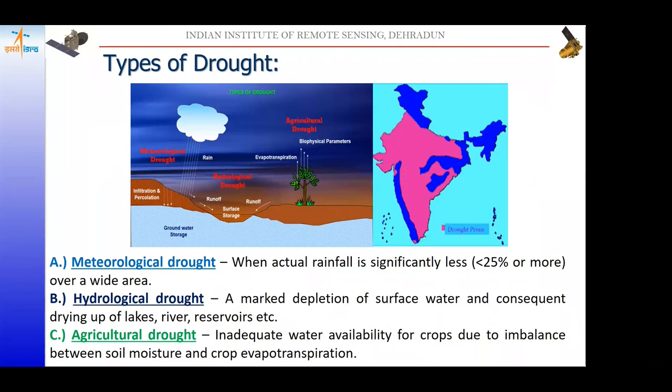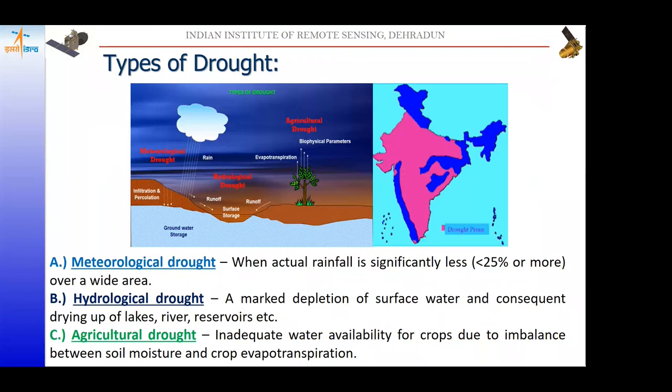Agricultural drought is a little bit different compared to meteorological and hydrological drought, because it is defined based on inadequate water availability for a particular crop, or on the imbalance between soil moisture and crop evapotranspiration.